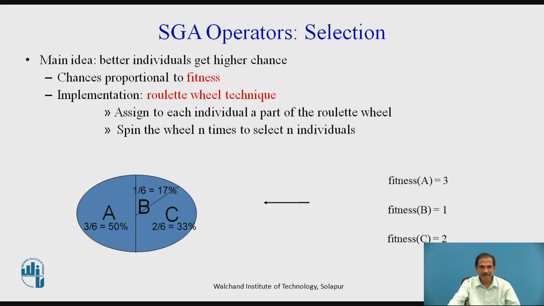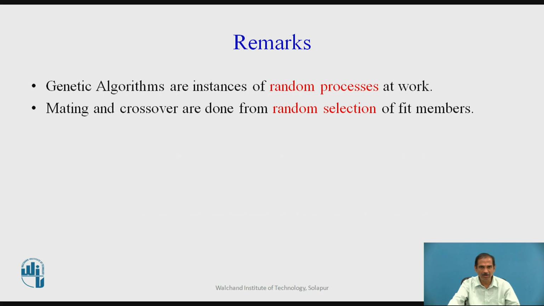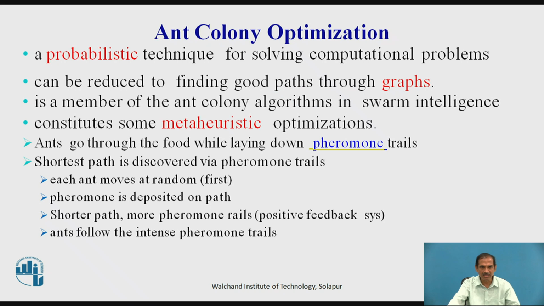So we assign each individual a part of the roulette wheel and spin the wheel n times for the n individuals. We perform a mutation whenever required to have a better output for our solution by flipping bits. We remark that genetic algorithms are instances of random processes, and mating and crossover is done with a random selection of fit members.